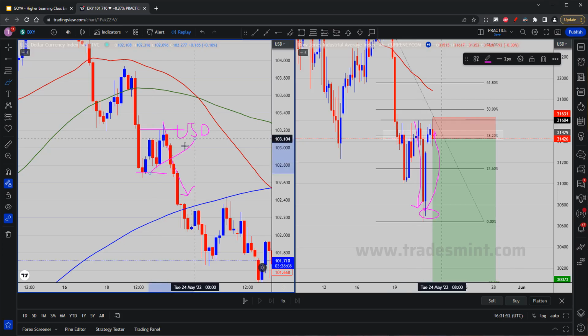It's some form of flag, a flag of continuation to the downside. So we saw some USD selling before. We have this small bullish flag, which could be considered a consolidation, and then USD pushing down again.